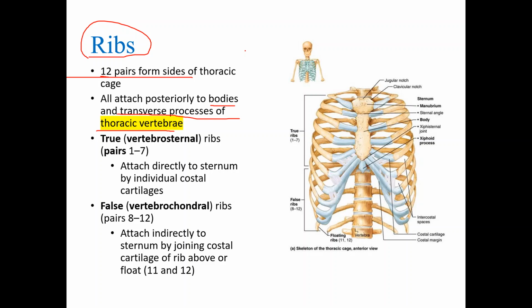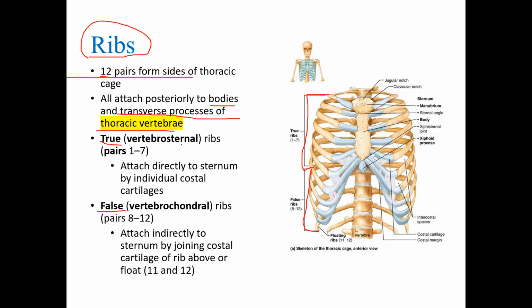We can distinguish two sets of ribs here, the true versus the false ribs. Why do we distinguish that? The true ribs are from 1 to 7 here, and the false ribs are from 8 to 12.